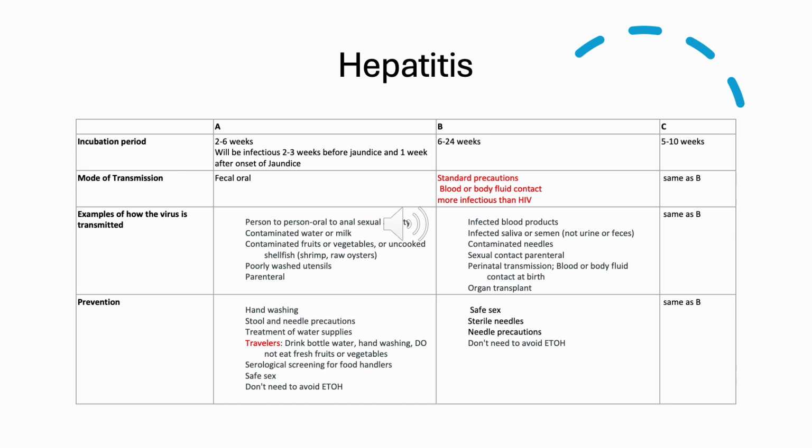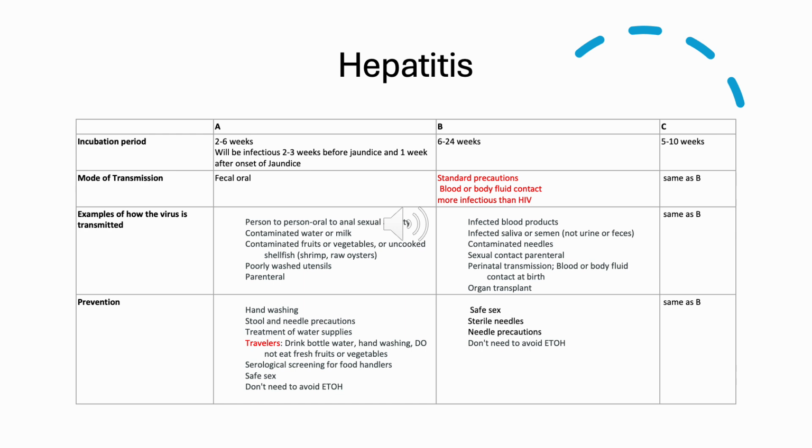And for all of these with prevention, you don't need to refrain from social drinking, okay? Because when I get into if you get hepatitis, you can't drink for like more than a year, okay? So with hepatitis B, some examples, it could be transmitted through infected saliva or semen or vaginal fluids, but not through urine or feces, not through tears either.